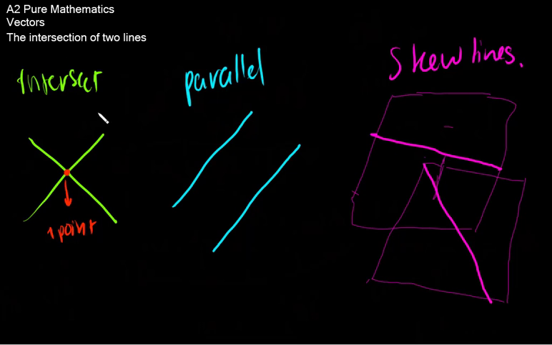That's just the basic idea. And the point is when they give you two lines and you have to figure out what kind of lines they are, I'll show you how you figure out the type of line from the question.